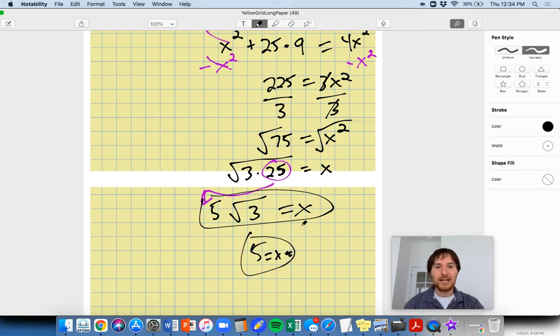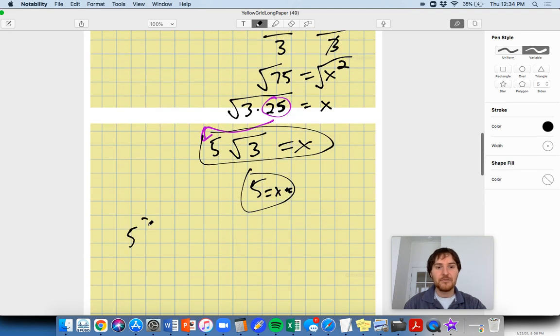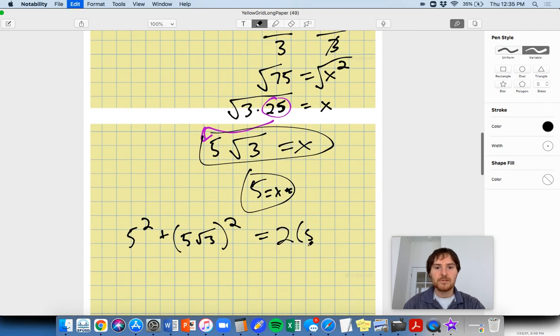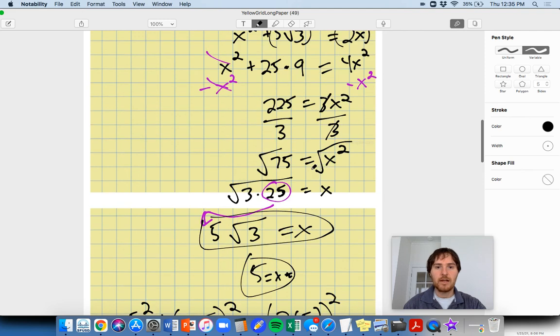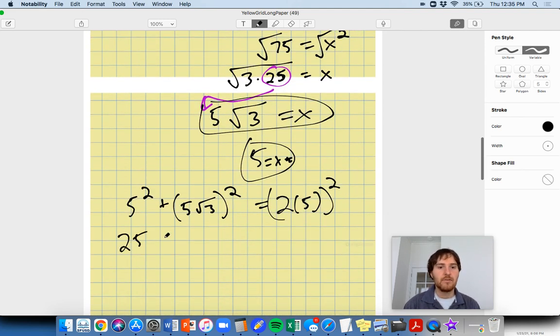And let me just double check this one here, because if this is 5, 5 squared plus 5 root 3 squared equals 2 times 5 squared. Sorry, 2x squared. Okay, so I'm just checking this in the Pythagorean theorem to see if their answer was correct here. 25 plus, and it is, right? I've done this a ton of different times here.